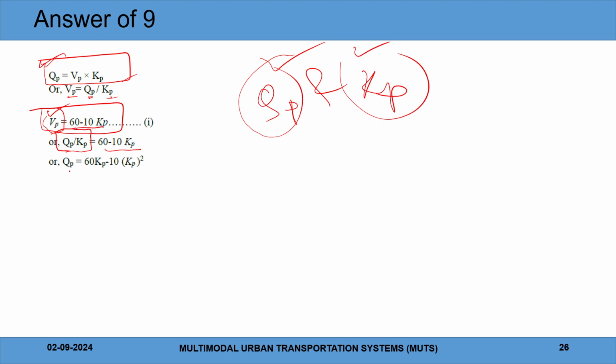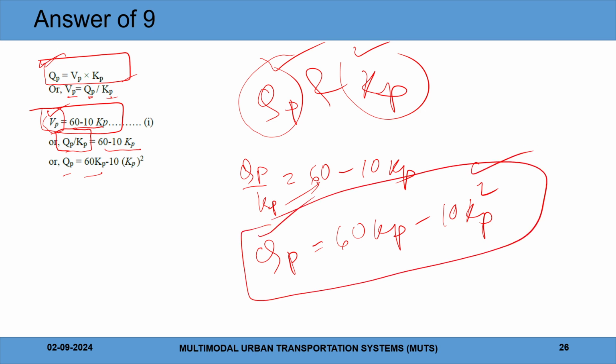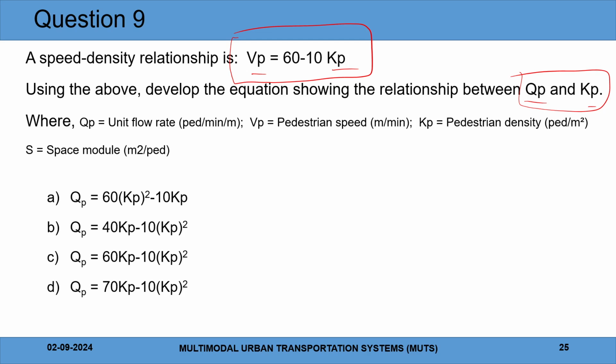So it is qp by kp equal to 60 minus 10 kp. This kp will go upside, so qp equal to 60 kp minus 10 kp square. So it is the relationship between qp and kp, and that will be the answer.